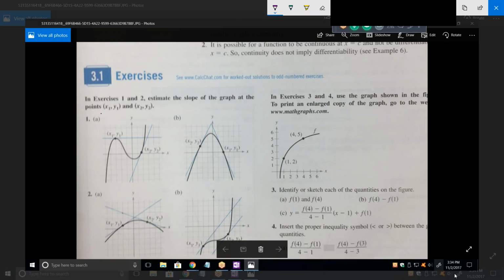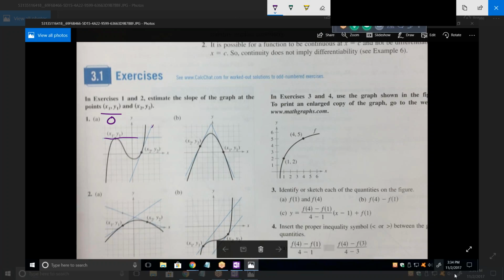First question. What's the slope of the graph at that point? Well, that blue line right there is the slope of the graph at that point. What is the slope of that horizontal purple line? 0. Okay, that's the answer.